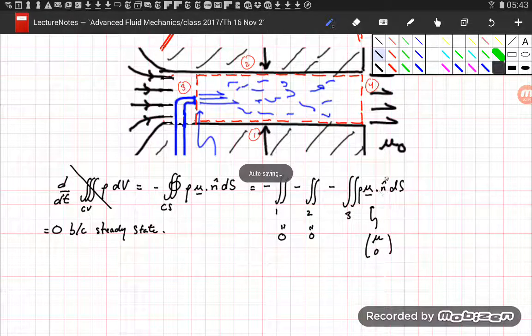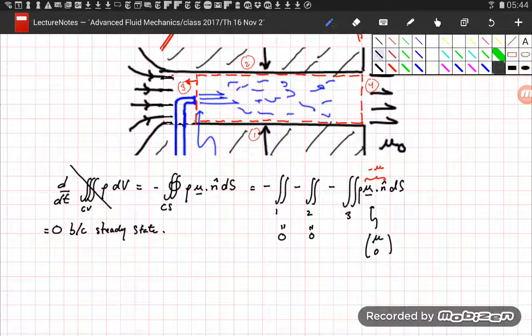But our normal vector is pointing this way, so it's the vector (-1, 0), and therefore u dot n will be minus u, minus the x component of the velocity field. So this here is then minus u.